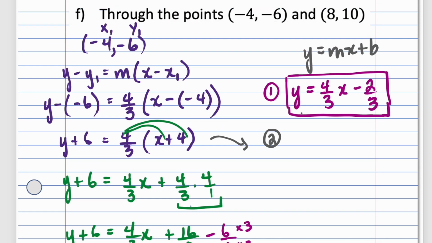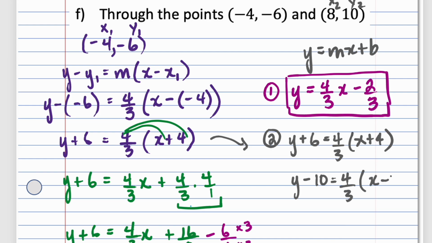So we can write the point slope form using one point, but we could also use the second point. We could use y minus 10 is equal to 4/3 the x minus 8. And if we did all this work and solved for a y, we would get that same equation.